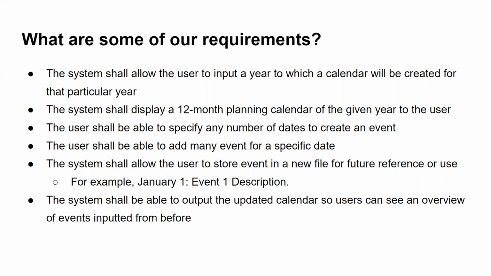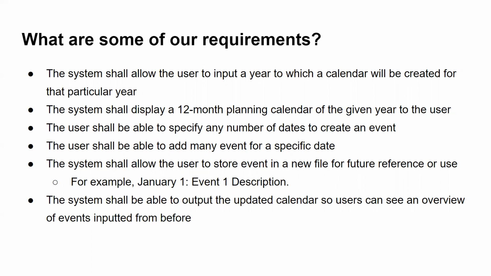And for that, the specific dates for the events will have to be prompted, and the actual name of the events. The users then shall be able to add the events into the system, and the system stores it in a text file outside of the program.